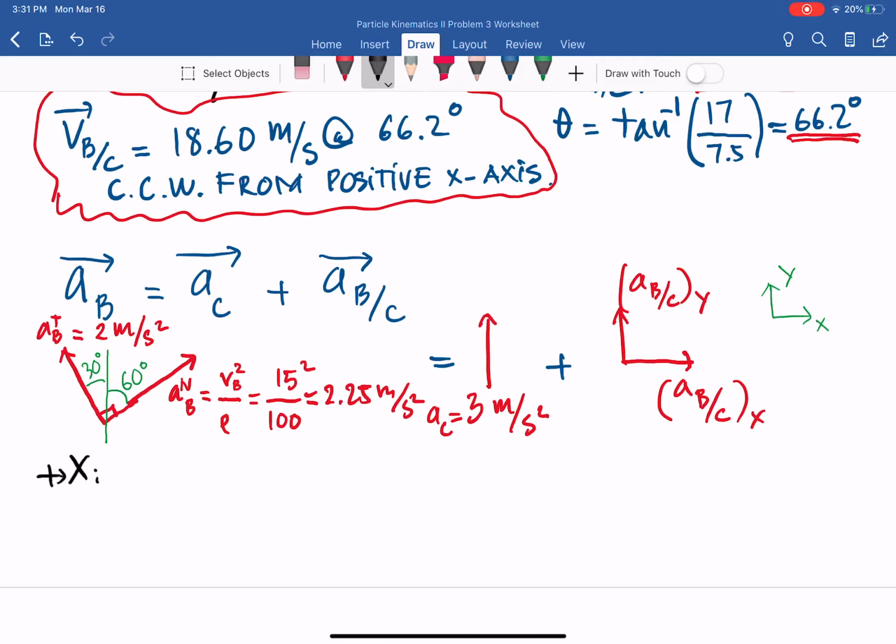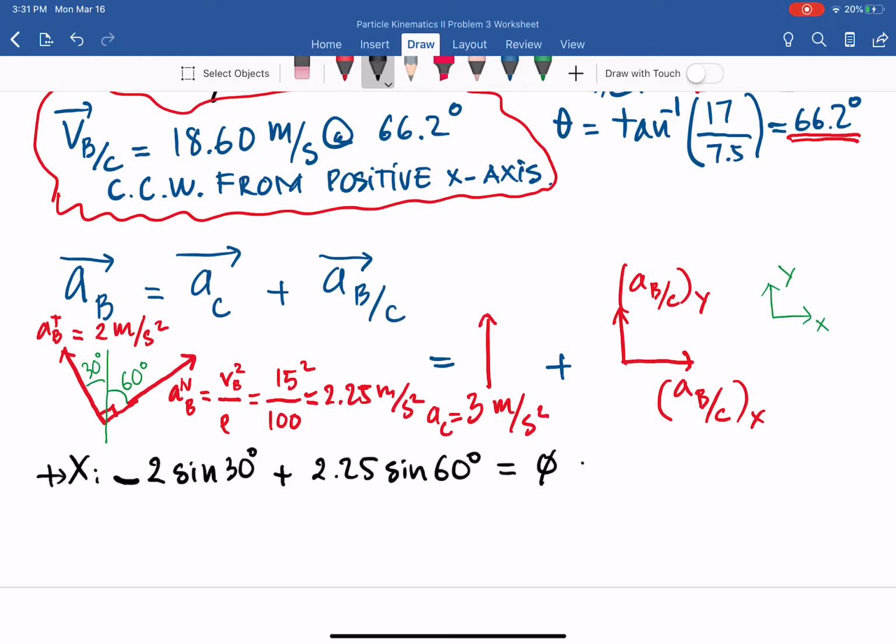We have negative 2 sine 30 degrees, and then positive 2.25 sine 60 degrees. AC, 3 meters per second squared going up, will be 0 in x.